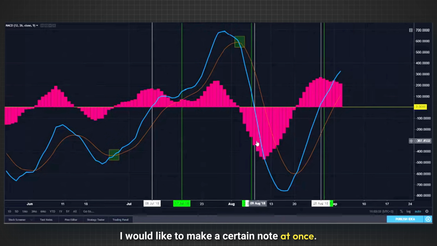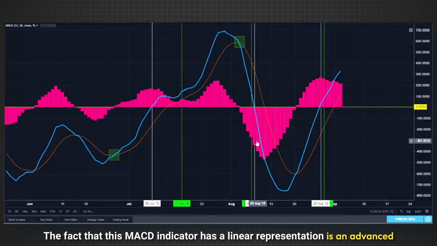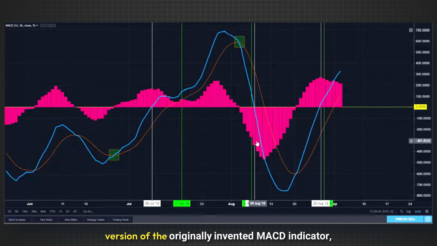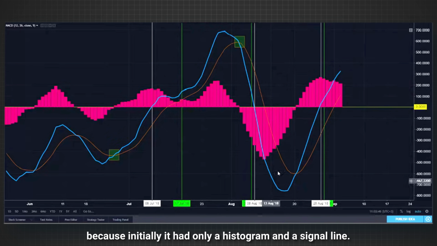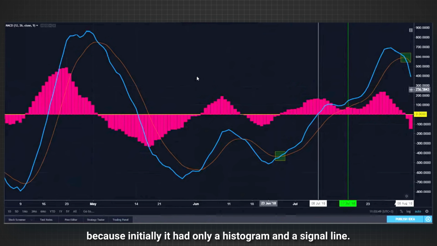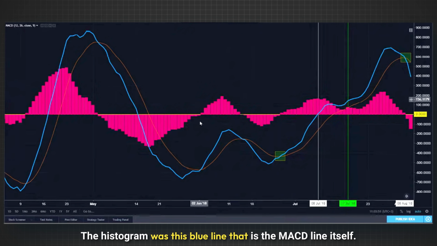I would like to make a certain note at once. The fact that this MACD indicator has a linear representation is an advanced version of the originally invented MACD indicator, because initially it had only a histogram and a signal line. The histogram was this blue line, that is the MACD line itself.